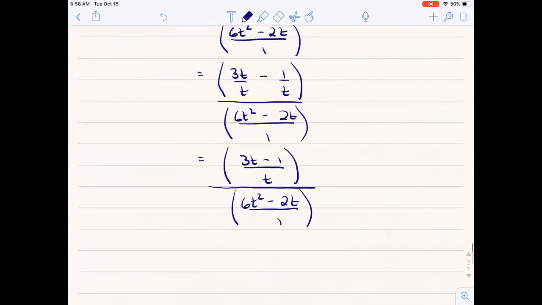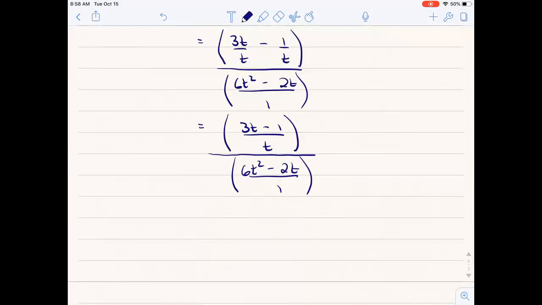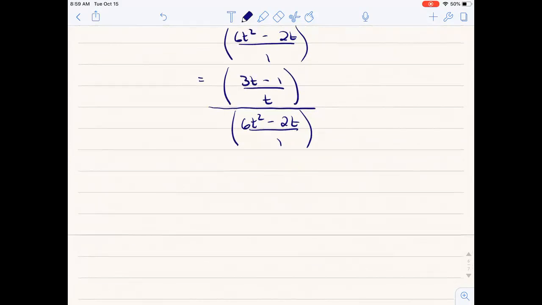To divide fractions, you've got a fraction over a fraction, you're going to flip and kiss. And so this becomes 3t minus 1 over t times 1 over 6t squared minus 2t. That bottom one's been flipped.